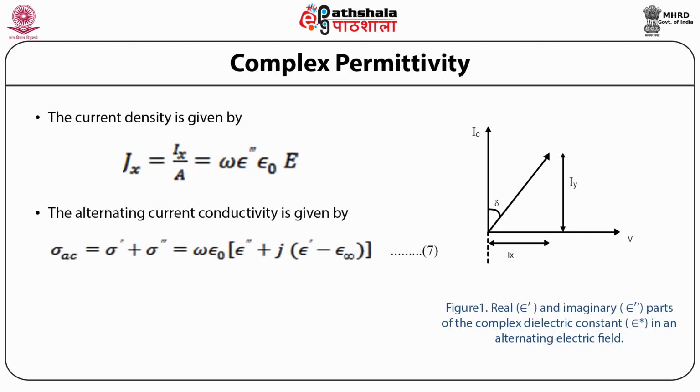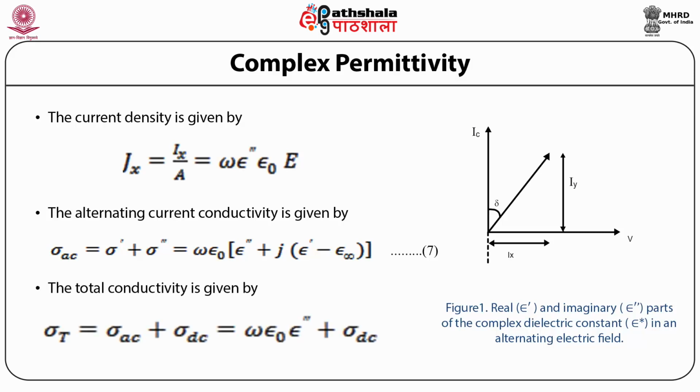The alternating current conductivity is given by sigma AC = sigma prime + sigma double prime = omega epsilon 0 epsilon double prime + F (epsilon - epsilon infinity). The total conductivity is given by sigma T = sigma AC + sigma DC = omega epsilon double prime + sigma DC.